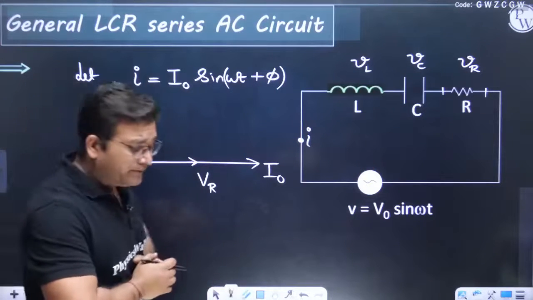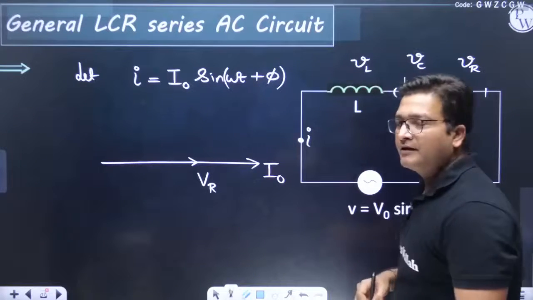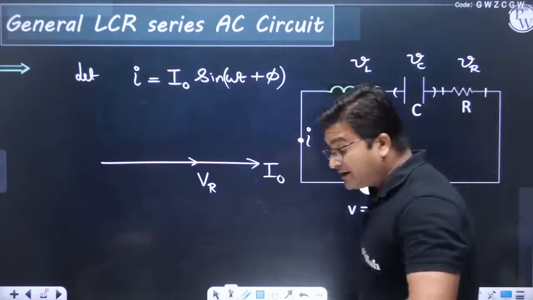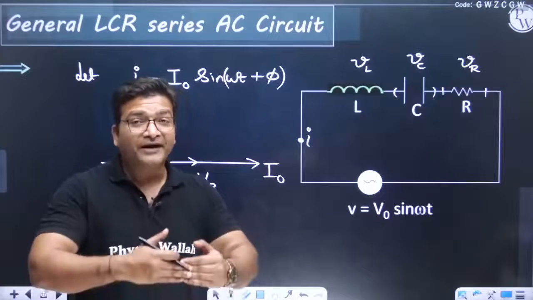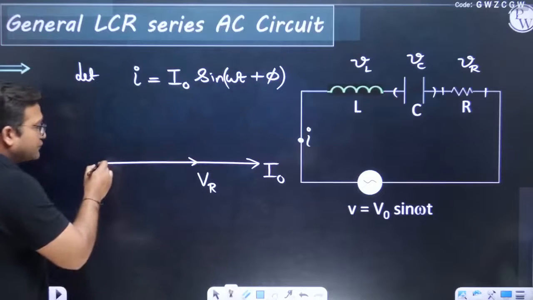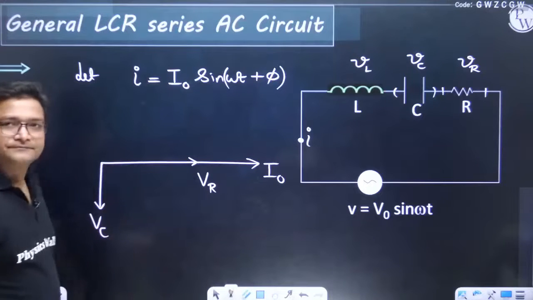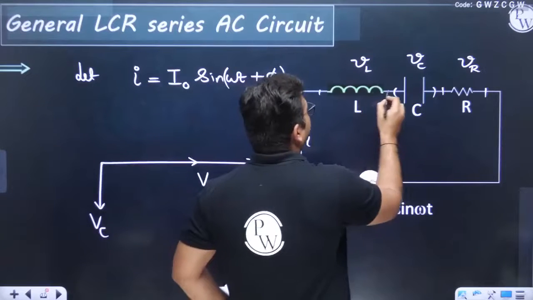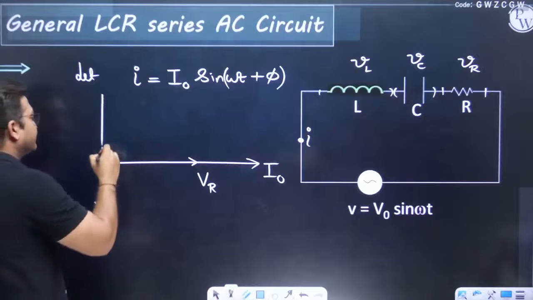Then I think you remember, in a purely capacitive circuit, the current used to lead the voltage by 90 degrees. So voltage automatically lags current by 90 degrees. So I must draw the voltage across the capacitor like this, right? And in an inductor, the current lags voltage, that is, voltage leads current like this.